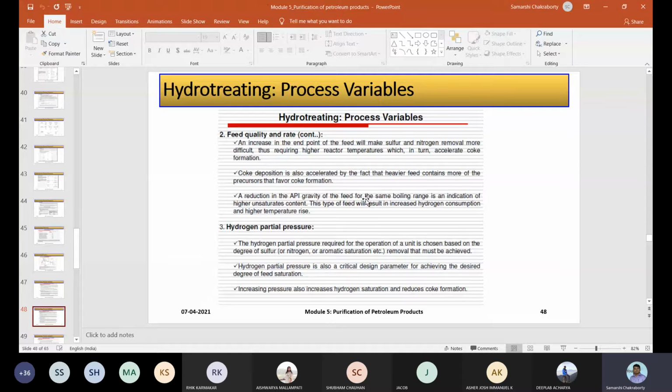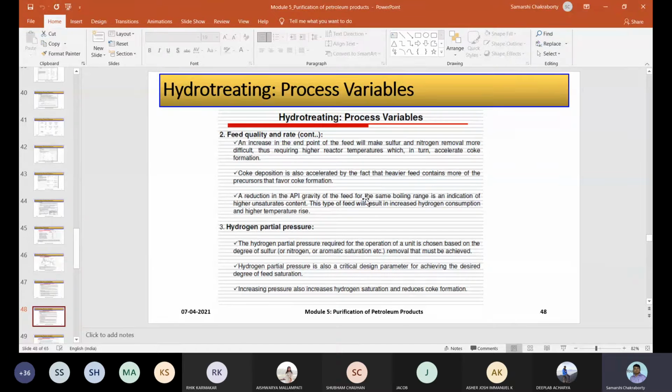If you are reducing the feed rate, the natural tendency is to increase the temperature to do this type of hydrogenating process. If you increase the temperature, that may also lead to coke formation.